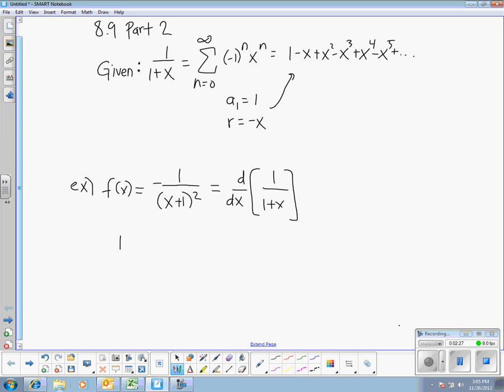All right, if I start with my given info, I can do this in sigma version, or I can do this in term by term. I'm just going to rewrite what I have at the top.